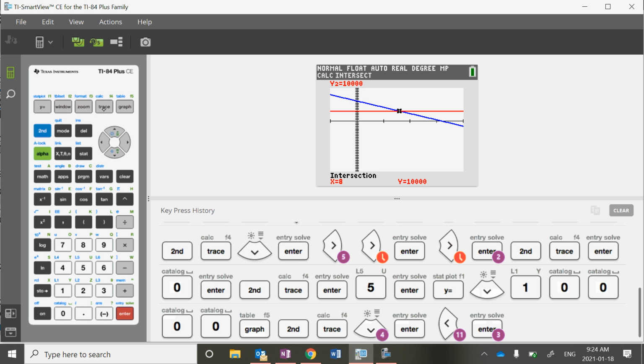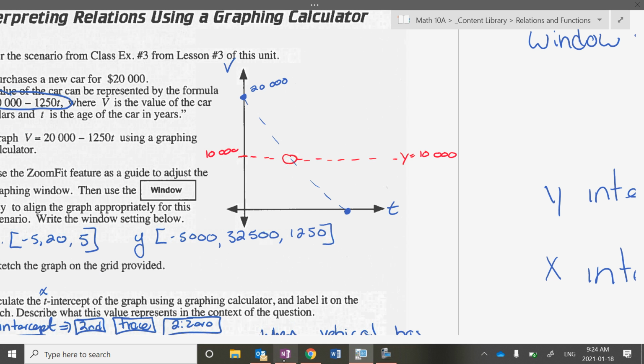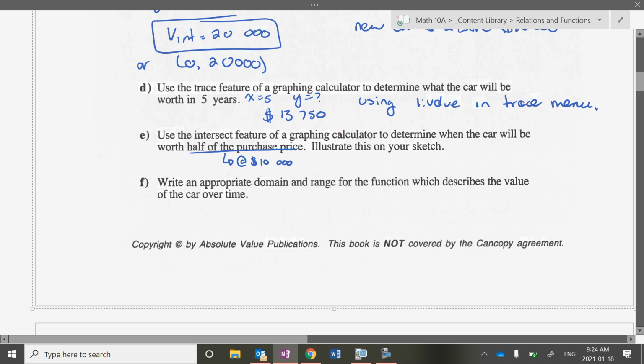Enter, enter through guess. That tells me it intersects at 8 and 10,000. So what that tells me is that on the blue graph, my original graph, when x is equal to 8, y is 10,000. So this is at 8 and 10,000, or you could say 8 years.